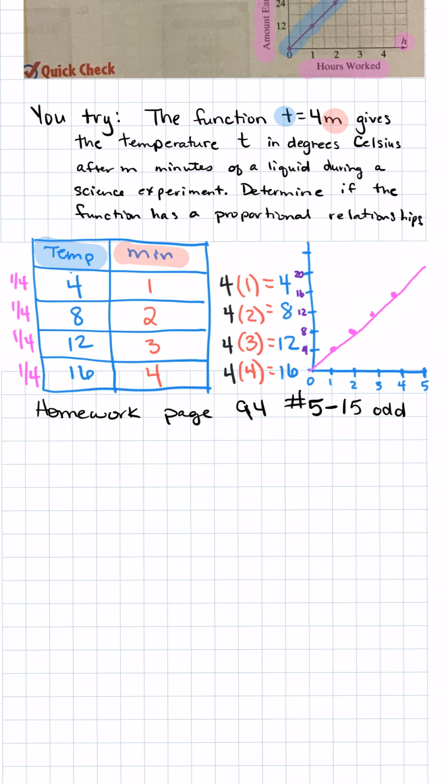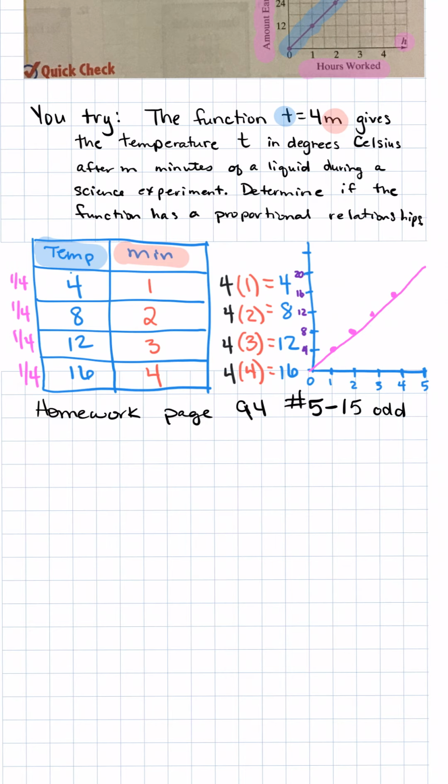So for 1 minute, the temperature is 4, 2, 8, 3, 12, 4, 16, which is all a 1/4 ratio, which means it is proportional. And so then I did go ahead and graph it.